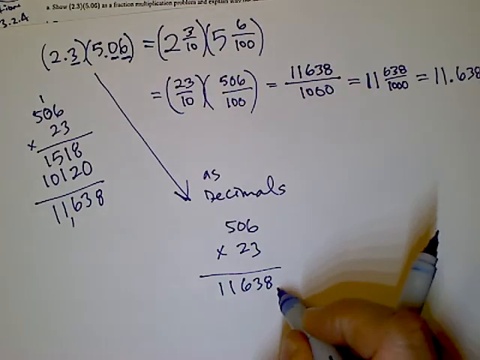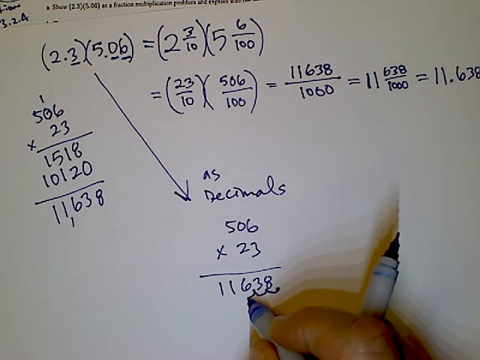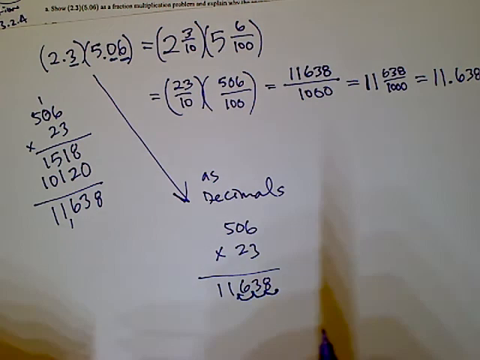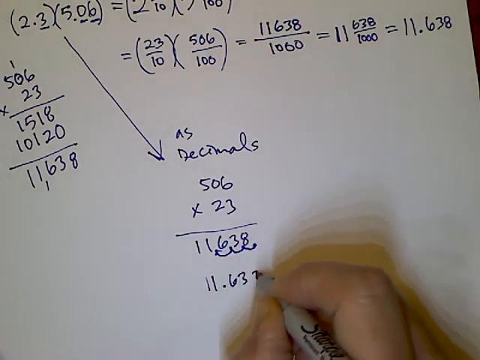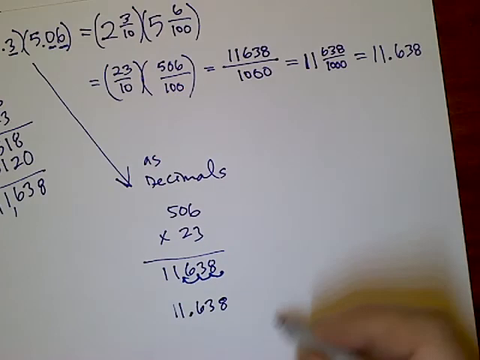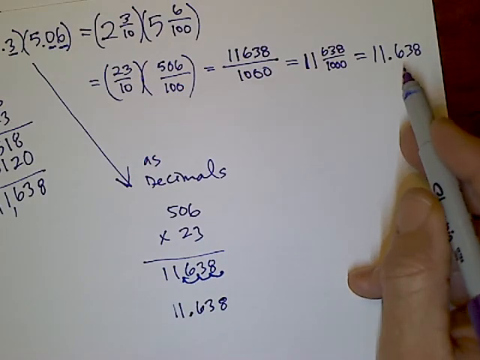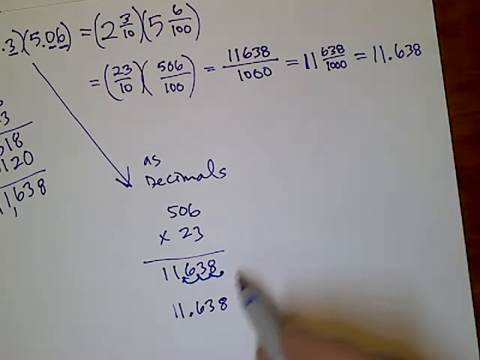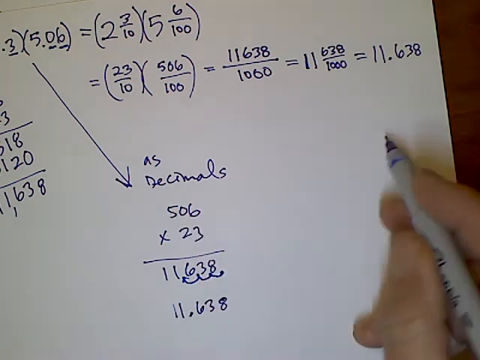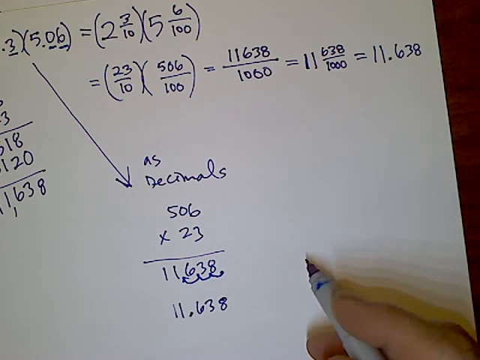I would start my decimal at the end and bring it over 1, 2, 3 times. That's where 11.638 comes into play, or, as I said before, 11 and 638 thousandths. Written as a fraction, written as a decimal, and using the decimal operation, there's that connection and similarity.